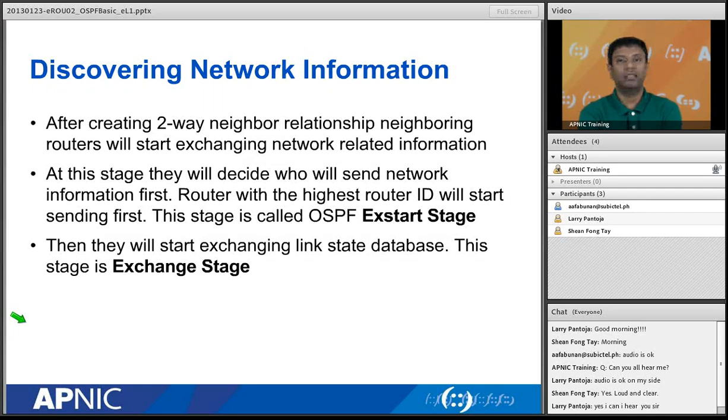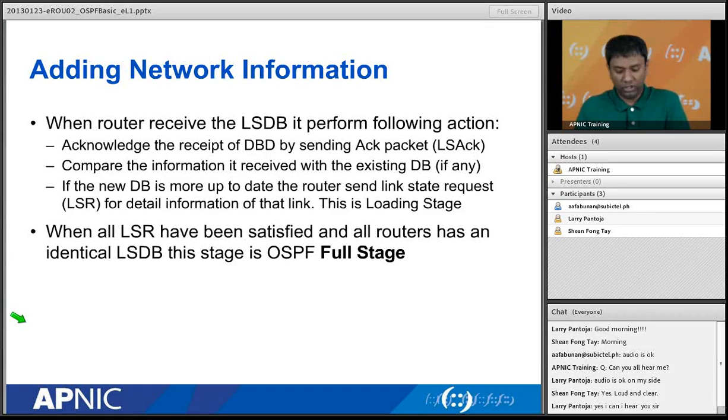He will start sending his summary database. When they decide who will send first, we call it the ExStart stage. At ExStart, once they have decided, the highest router ID starts exchanging the summary database table or topology table. That's what we call the exchange state.